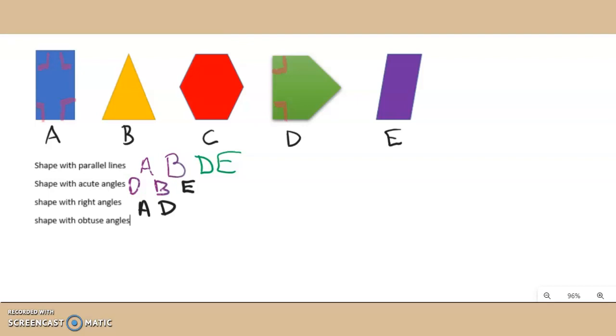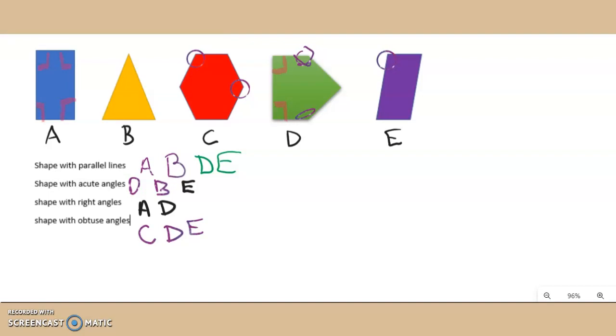The only one that has those is this one right here. It's super wide. From here to here, those are obtuse angles. So shapes C, D, and E have obtuse angles.